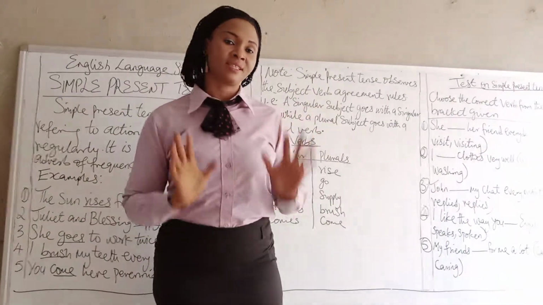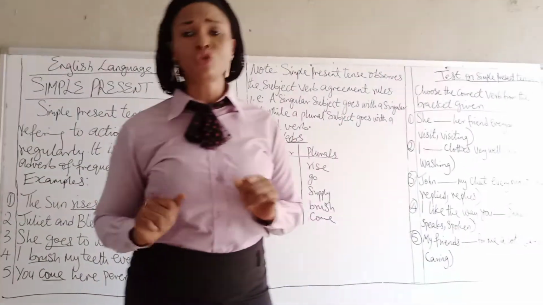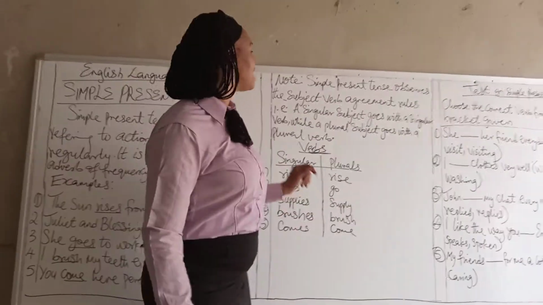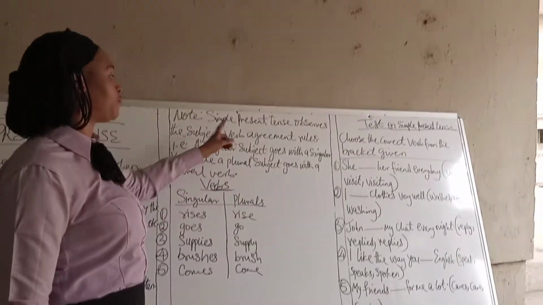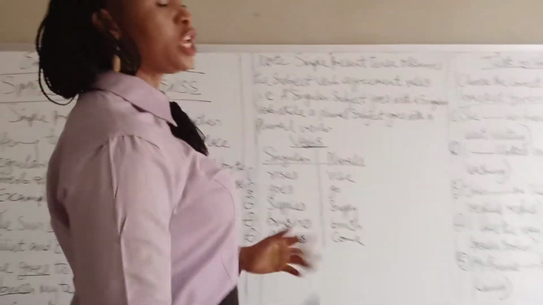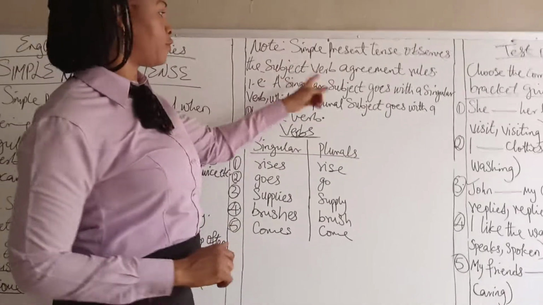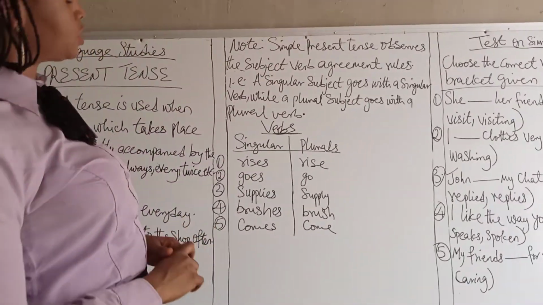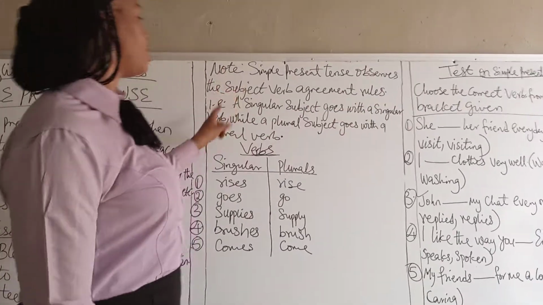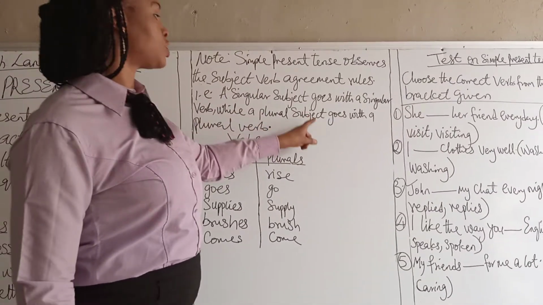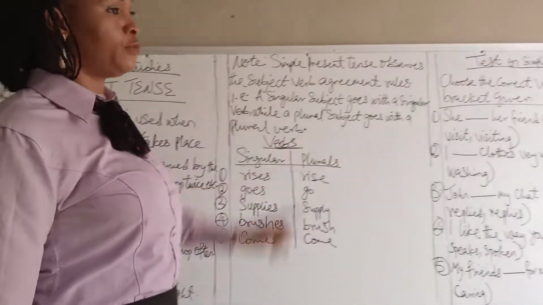Simple present tense. And it is very important for us to note that simple present tense agrees with the subject-verb agreement rules. It observes the subject-verb agreement rules. That is to say, a singular subject goes with a singular verb, while a plural subject goes with a plural verb.